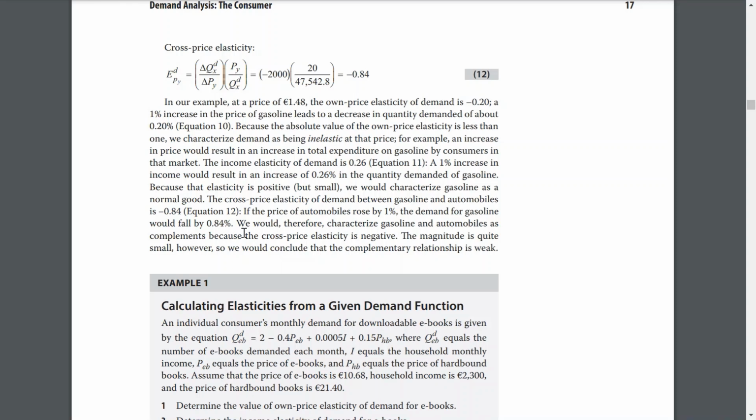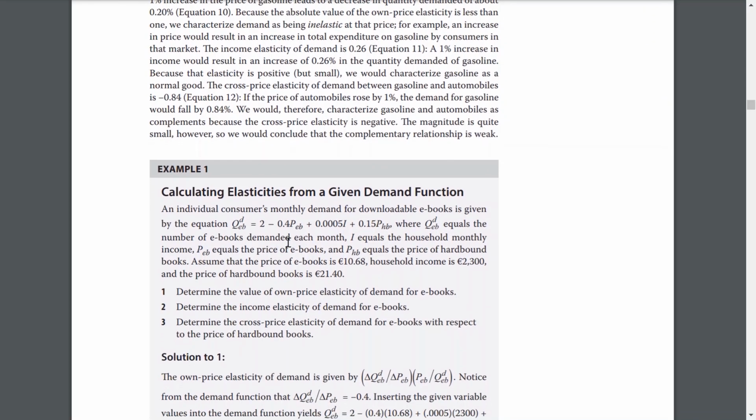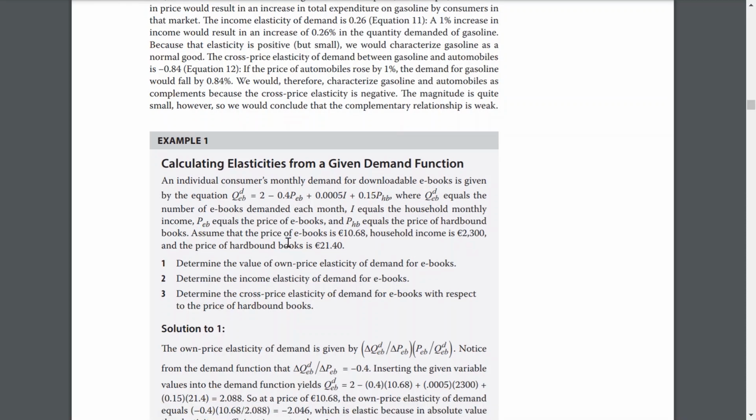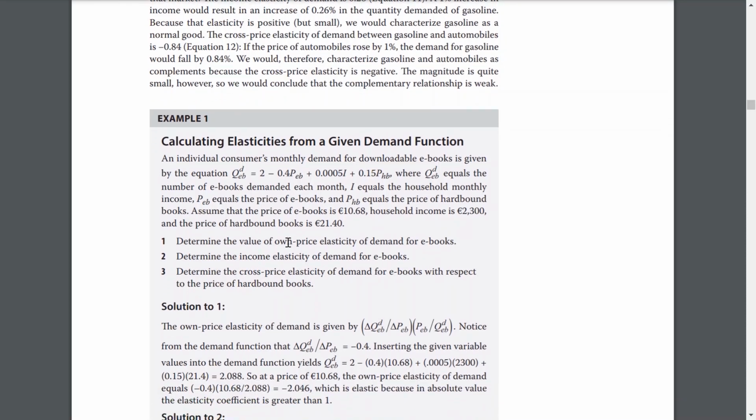If the price of automobiles rose by 1%, the demand for gasoline would fall by 0.484%. We would therefore characterize gasoline and automobiles as complements because the cross-price elasticity is negative. The magnitude is quite small, however, so we would conclude that the complementary relationship is weak.